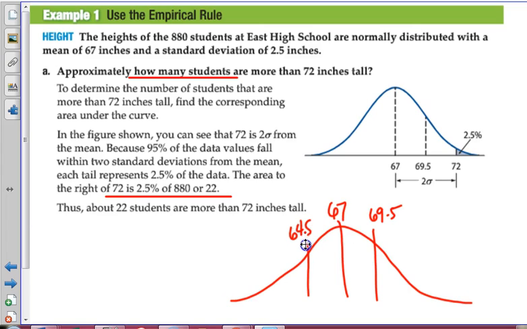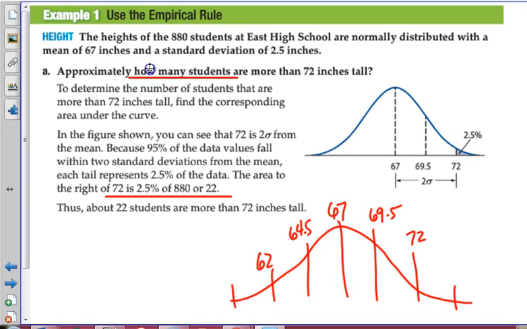Did I subtract 2.5 right, guys? Yes? Okay. And if I go out another standard deviation, I'd be at 72 and 62, right? Because I'd take another 2.5 either way. And then I could go out one more as well, but I'm not sure we need that.